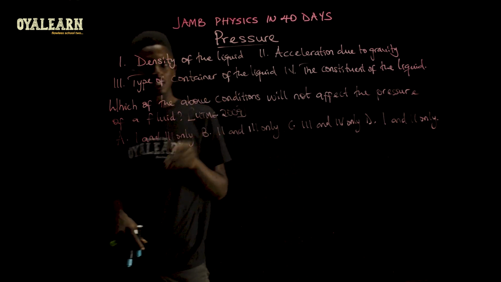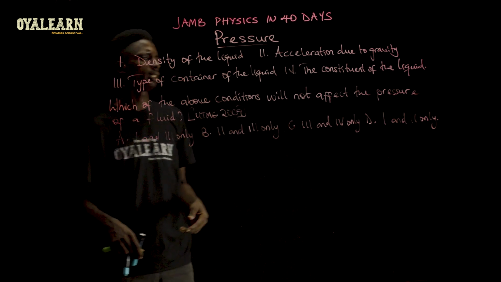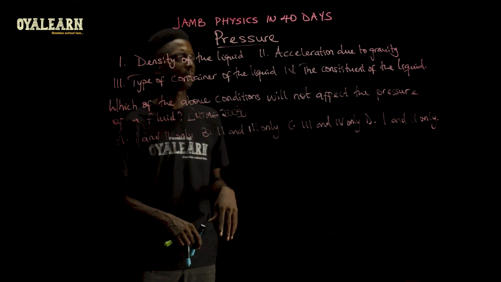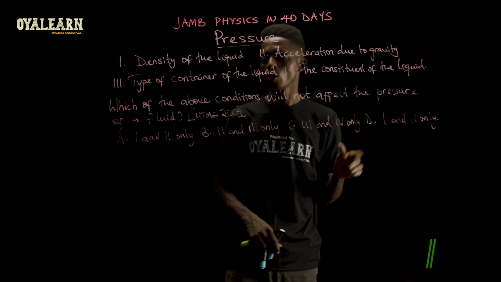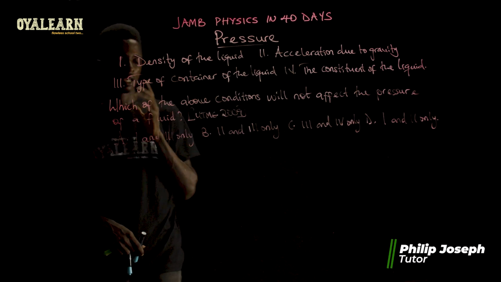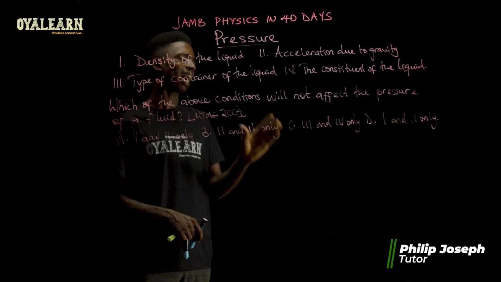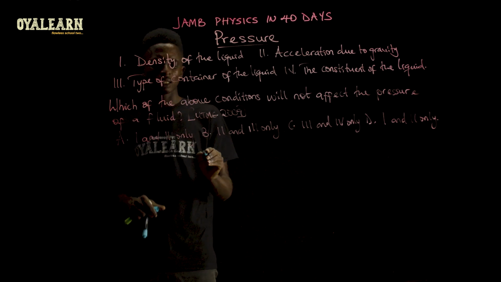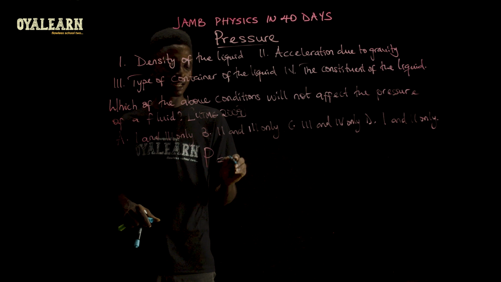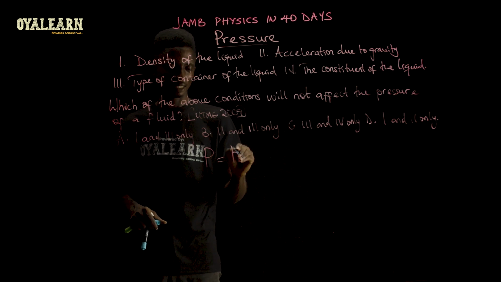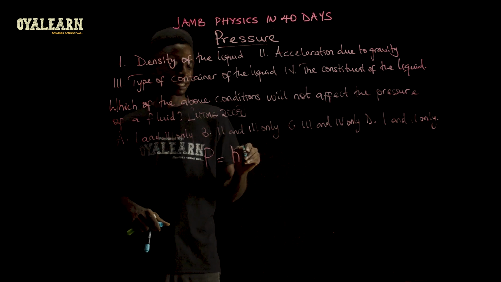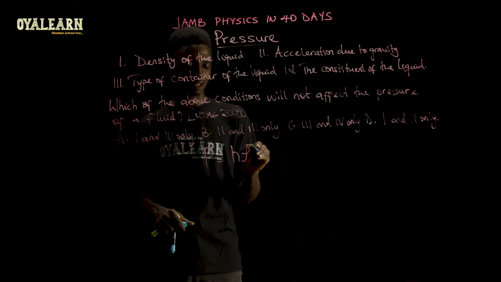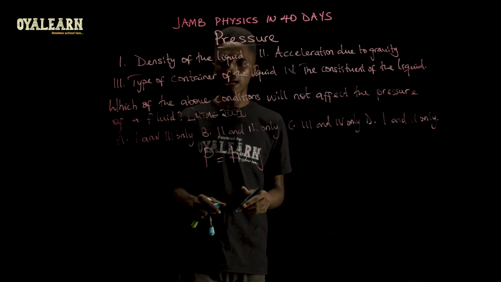This question starts with 4 statements. We have 1, density of the liquid, 2, acceleration due to gravity, 3, type of container of the liquid, and 4, the constituent of the liquid. Now the question itself reads, which of the above conditions will not affect the pressure of a fluid? Now when we consider the pressure of a fluid and those things that it relates with, the pressure relates with the depth, and it also relates with the density as well as acceleration due to gravity.